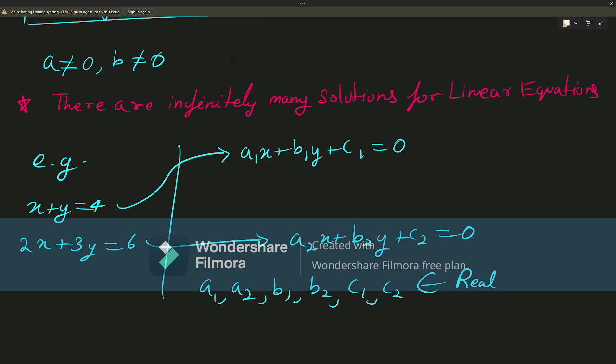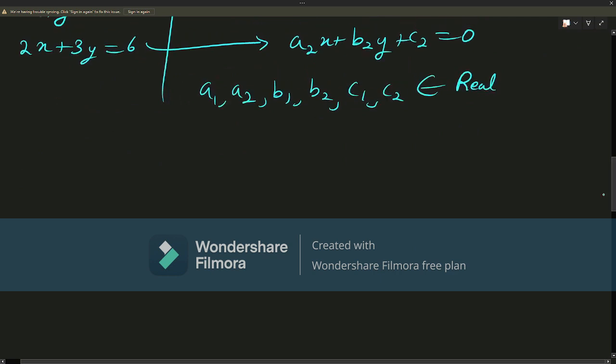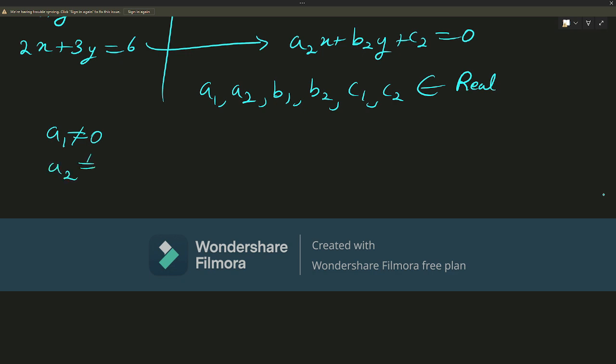Just like I explained earlier that the coefficients cannot be 0, the same process will be repeated, just with more coefficients. a1 won't be equal to 0, a2 won't be equal to 0, and also b1 not equal to 0, b2 not equal to 0.